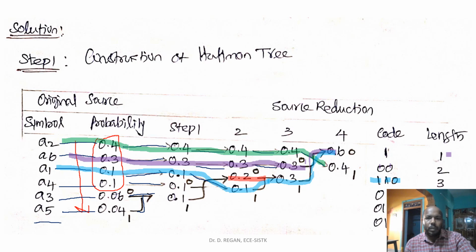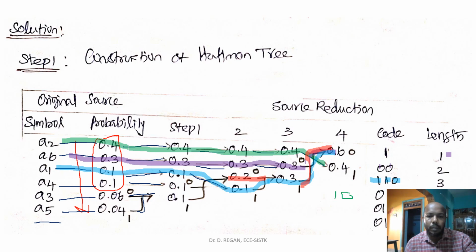So 0 coming here, then 1. So I just write the values here: 0, 0. Coming down it is 1. See the order, 1. Now we are following this way.